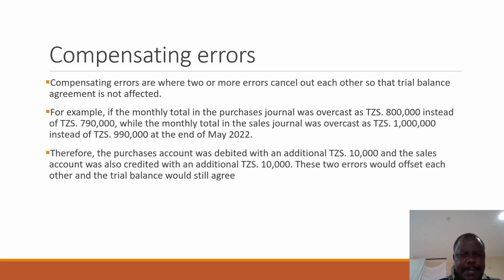Therefore, the purchases account was debited with an additional 10,000, and the sales account was also credited with an additional 10,000. So these two entries would offset each other. The trial balance should still agree.